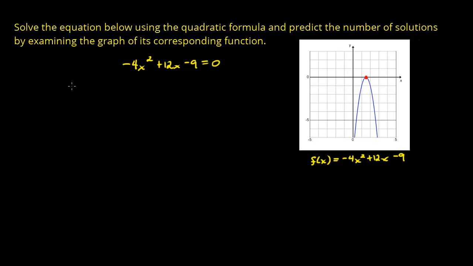So using the quadratic formula, I know that x is equal to negative b plus or minus the square root of b squared minus 4ac, all divided by 2a.